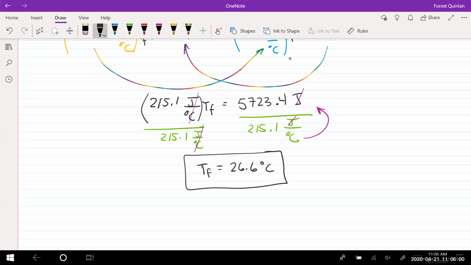I've harped on some of you for 3 semesters now: units, units, units. If you keep track of your units, you will get it right. I had completely different units and heat capacities in my old example, and I still got the same answer, and I should.